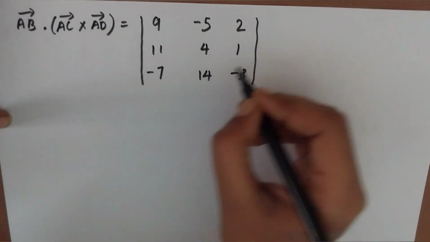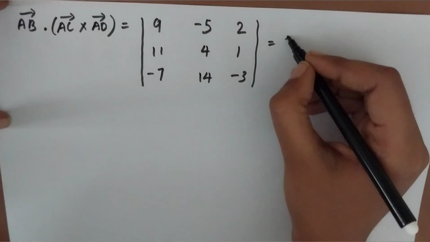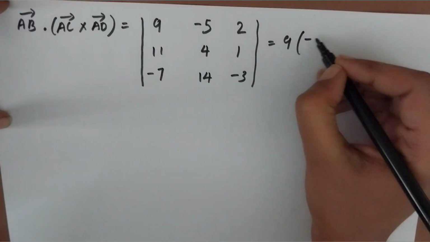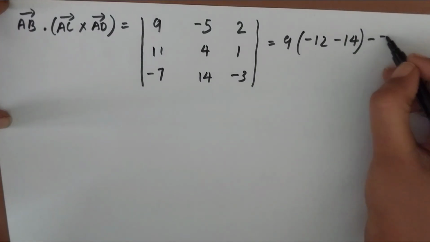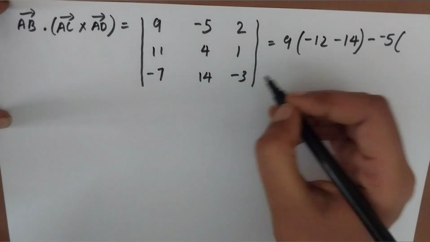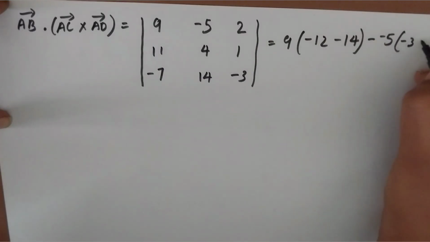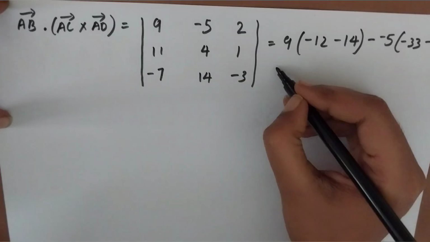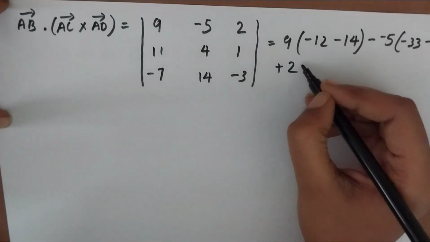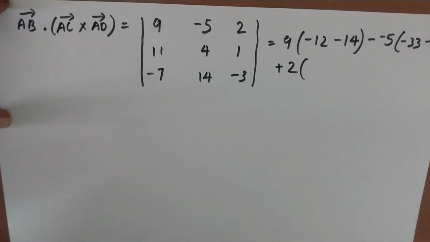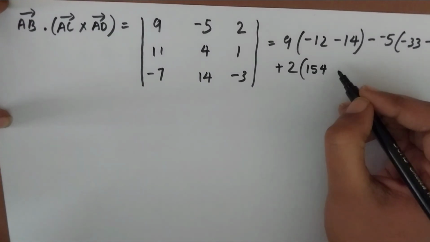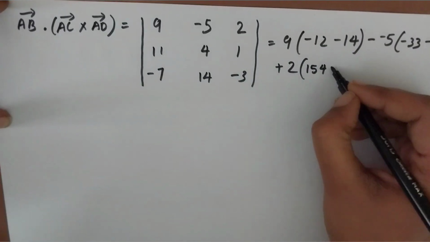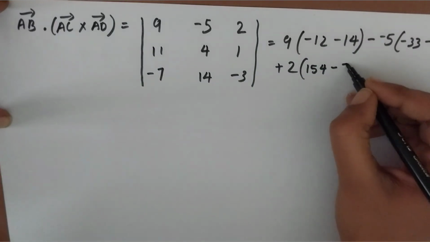Now this is equal to 9 times (4 times minus 3 is minus 12, minus 14), minus 5 times (11 times minus 3 is minus 33, minus 7), plus 2 times (11 into 14 is 154, minus 28).